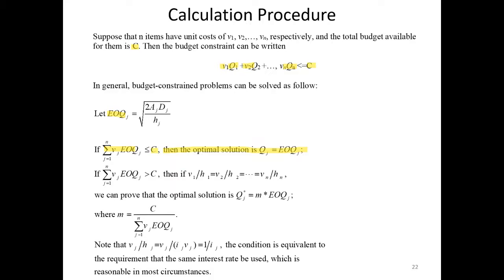But if this is not the case, just like the illustration that we had in the previous slide, then first we have to check if the values of V1 over H1 equal V2 over H2, etc., or not.